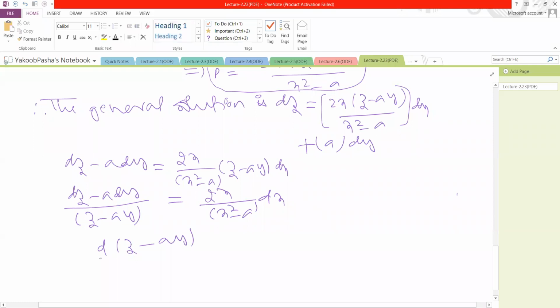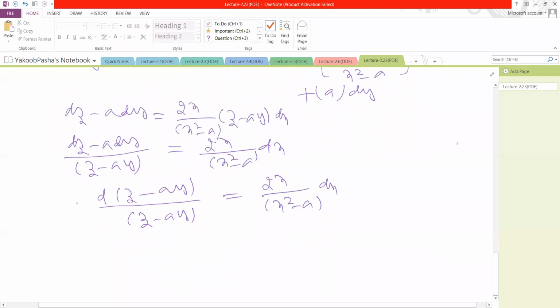So dz minus ay is equal to 2x by x square minus a into dx. So by integrating on both sides, we get a log. This is in the form of integral dx by x.